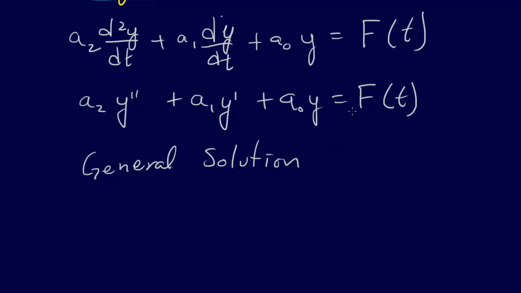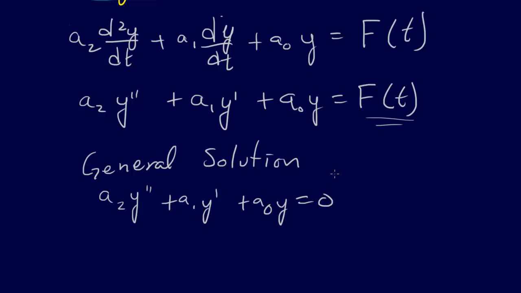That's the solution when f of t equals 0. So that's a2 y double prime plus a1 y prime plus a naught y equals 0.